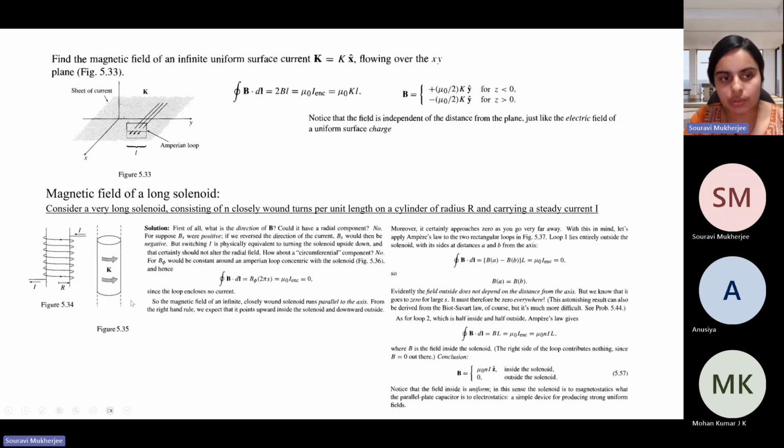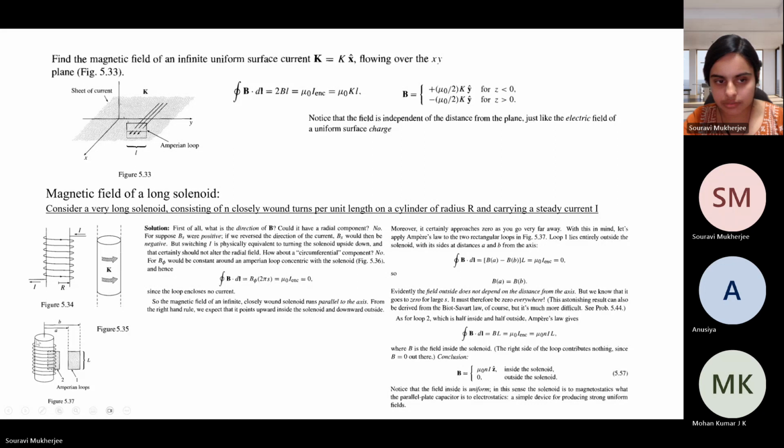So now we want to find how the field should be, right? So what you do is you consider two Amperian loops, okay? One is this, another is this. So let us see the first Amperian loop first. Here you know that the field is along the axis, right? So if you apply the Amperian loop, you would see that there will be some field at A, and some at B. So if you use the line integral, you would get something like this.